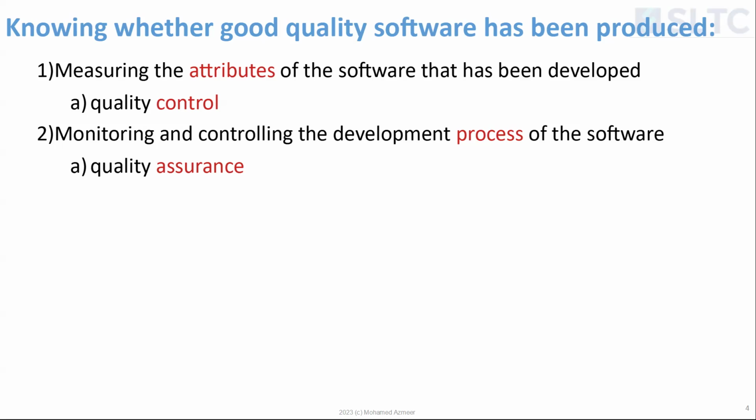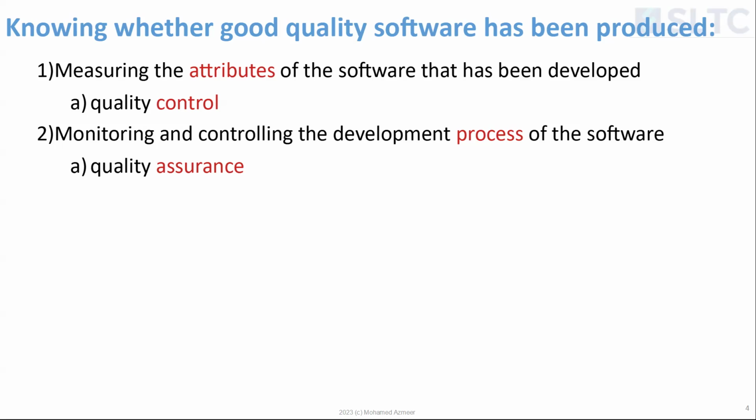The other way to look at it is monitoring and controlling the development process of the software, like how this software is developed, right? So you look at how the software is developed and then you can give a comment on whether it is a good quality software or not, right?